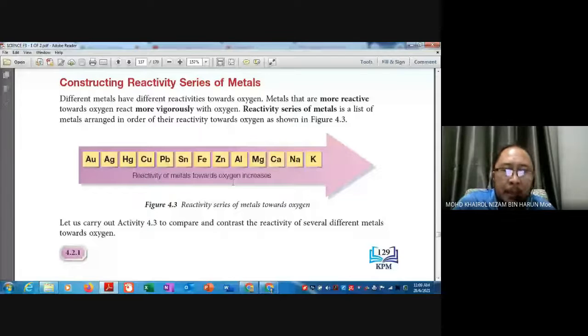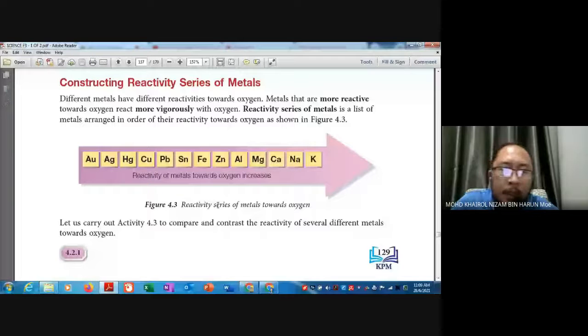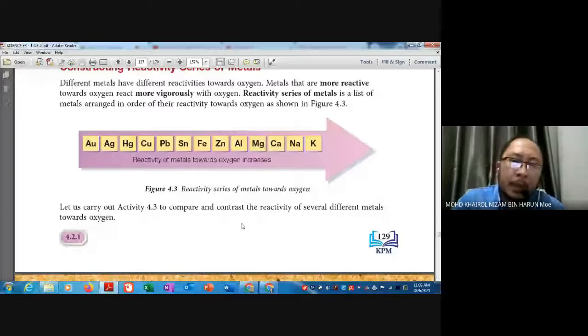Next we want to see the other elements, exactly two elements that are not metals but are put into the reactivity series of metals. Why can these two non-metal elements be put into this reactivity series?